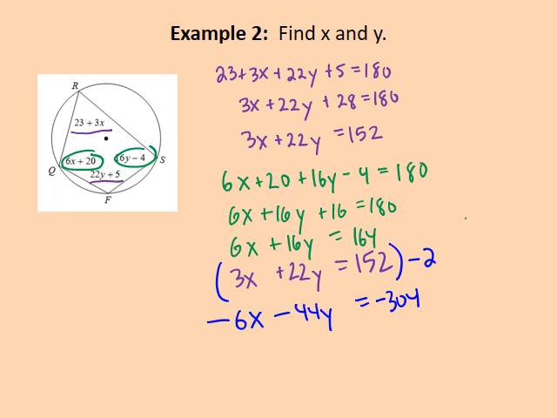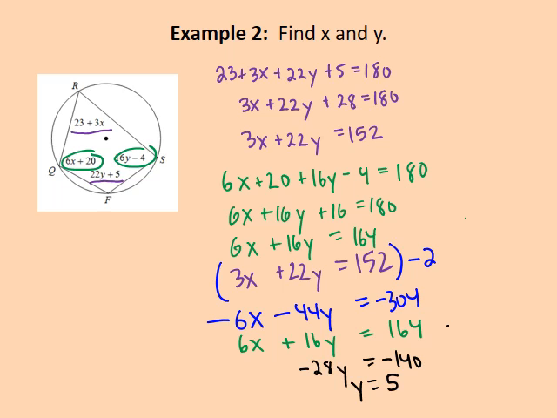When I line up this equation with 6x plus 16y equals 164, I end up with negative 28y equals negative 140, and y ends up being 5.